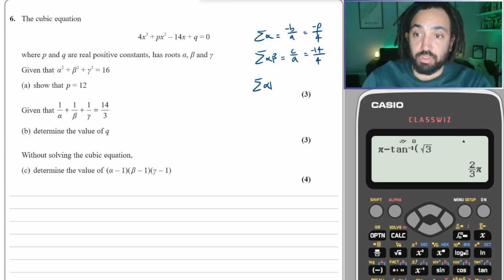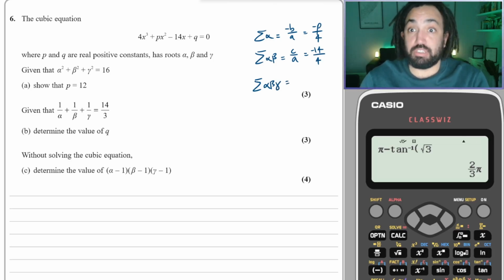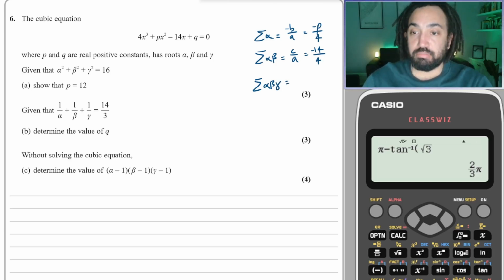And the sum of all of them multiplied together, which is just going to be alpha times beta times gamma, keeping with the pattern, is equal to minus d over a, which in this case is minus q over 4.